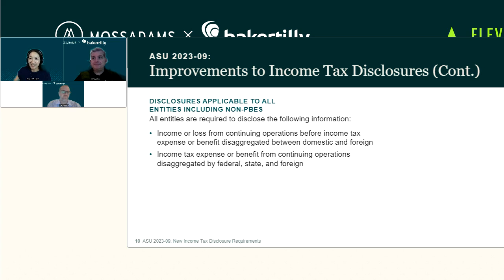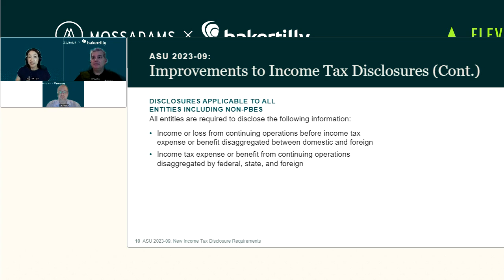Thanks for chipping in, guys, because that's going to be an important discussion point. So we're going to move on and talk about more under this new standard. Now all entities will need to disclose the pre-tax net income in the U.S. and foreign jurisdictions. This rule has been included in the SEC regulations, so public entities probably have been doing this.